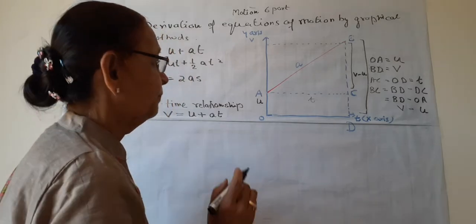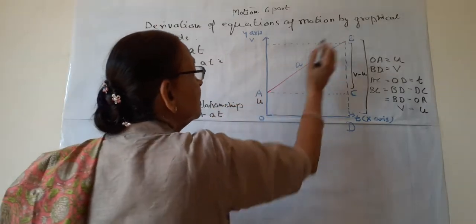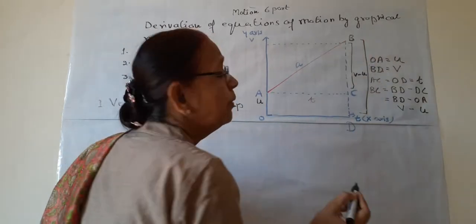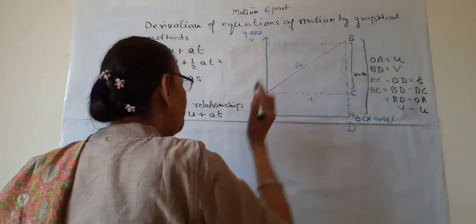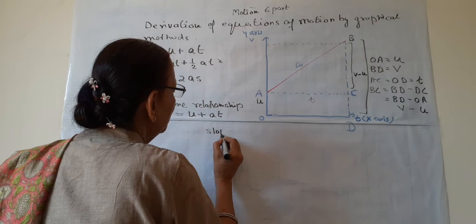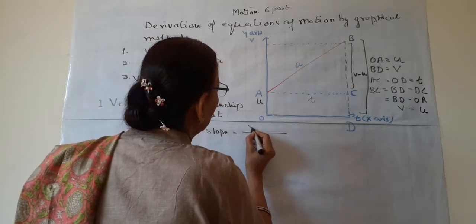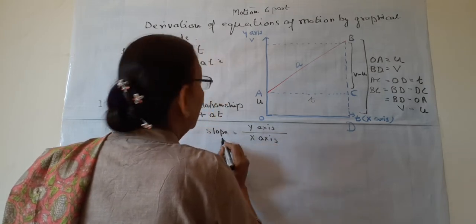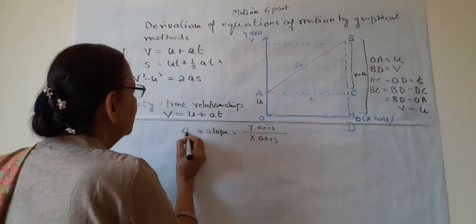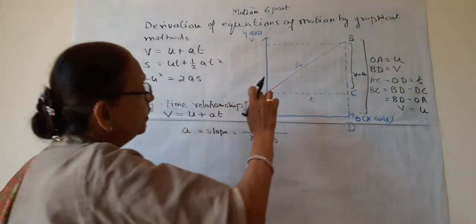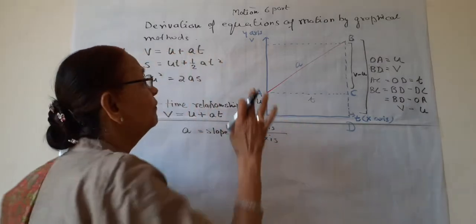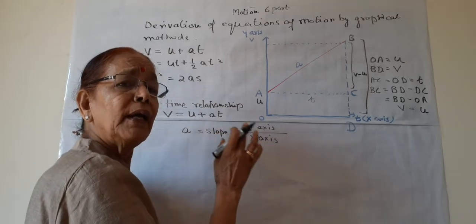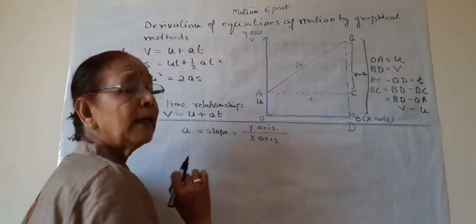Now the other thing, we all know this AB is showing the uniform acceleration, and the slope of the graph, as all of you know, is the quantity on y-axis upon the quantity on x-axis. The slope of this VT graph is equal to acceleration a. Slope of every graph is y-axis upon x-axis.